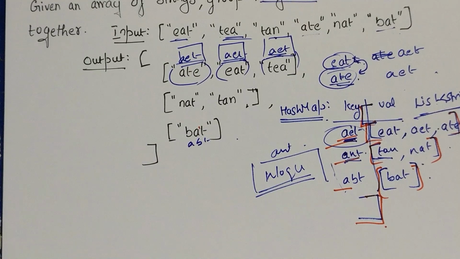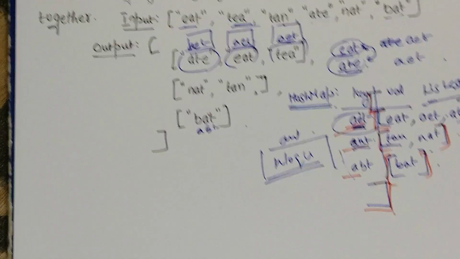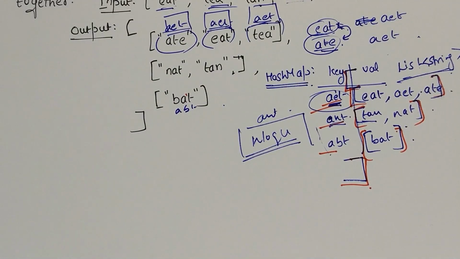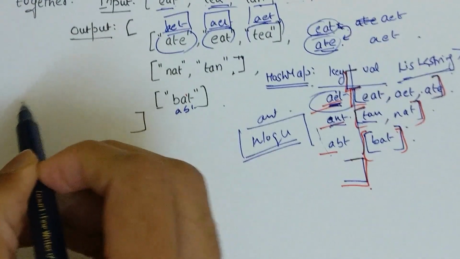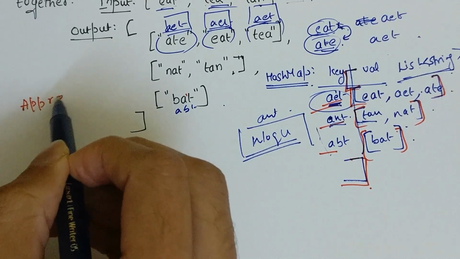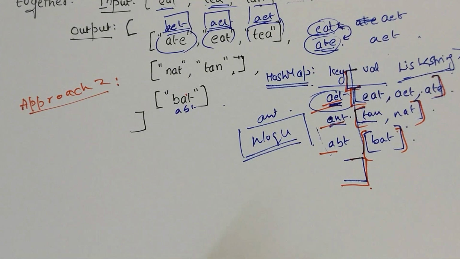If I have two words, I just need each character's frequency to be the same, right? So what I can do is have a frequency map using integer arrays. Now we'll go through the second approach for this problem. So approach 2, how would I go about that?